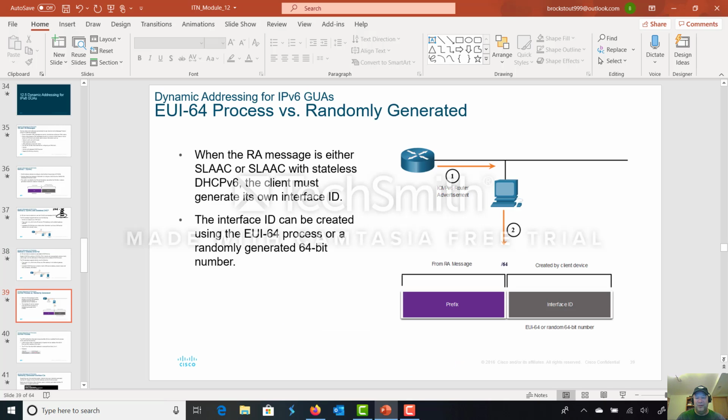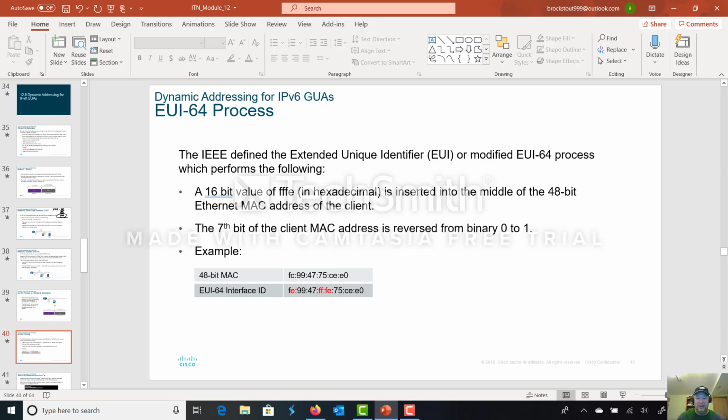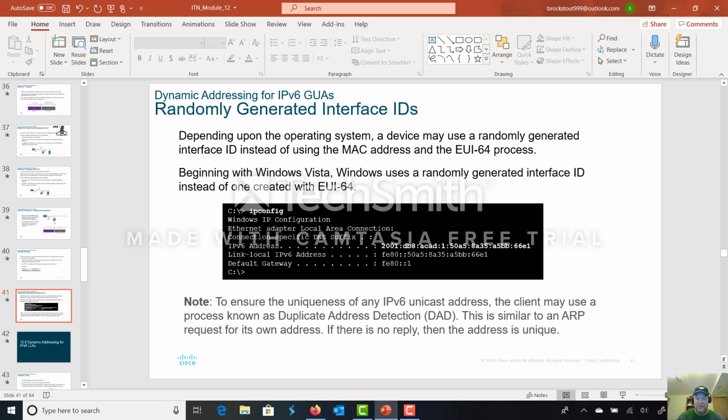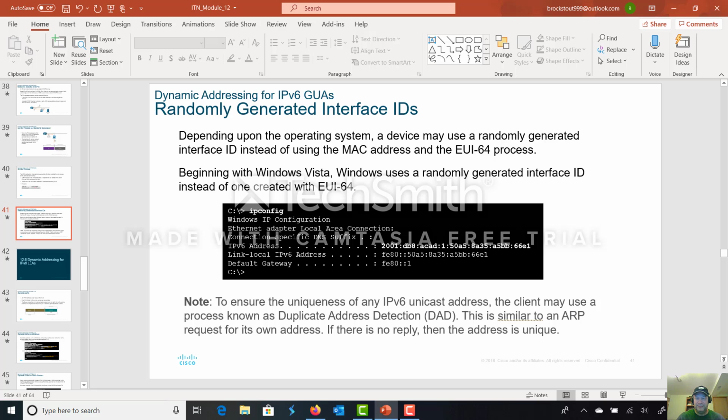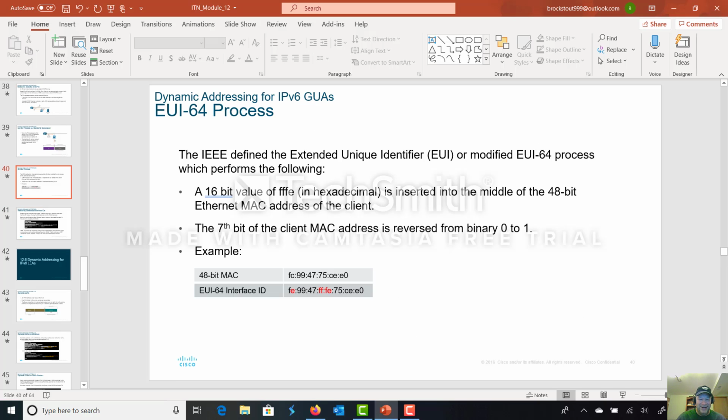The EUI-64 process is a way to generate or create a host value for a device based on its MAC address. And they do a nice job of identifying that. If you look at this one here, you can see EUI-64. We're going to go ahead and take the MAC address.